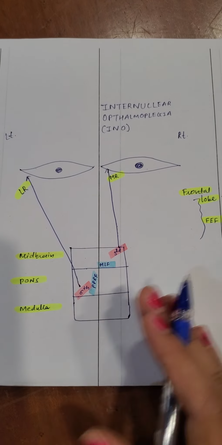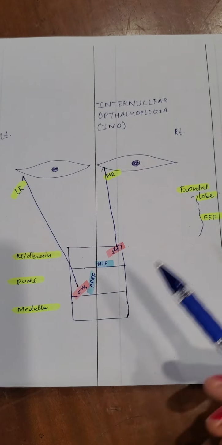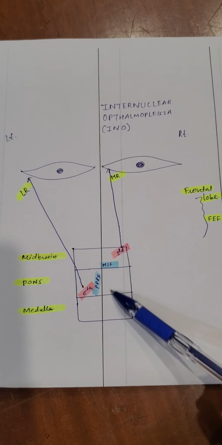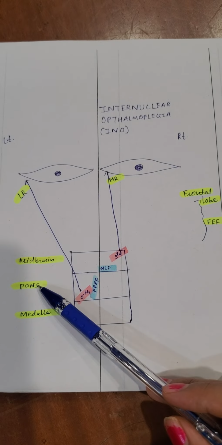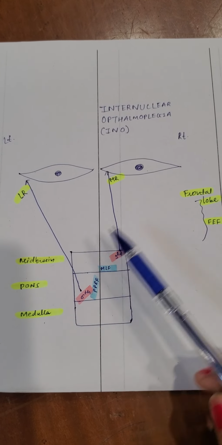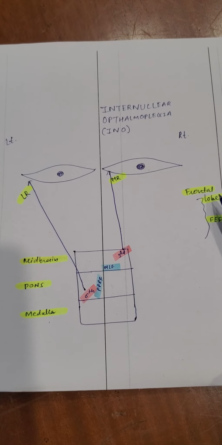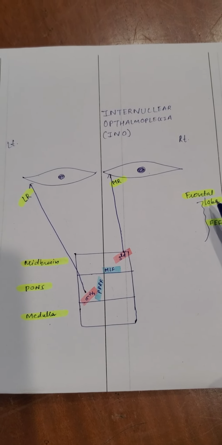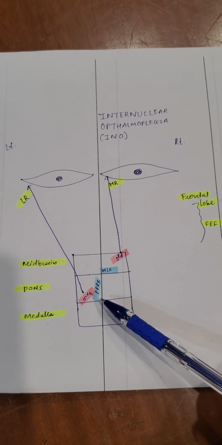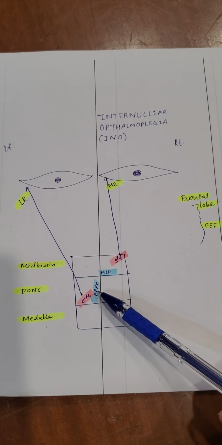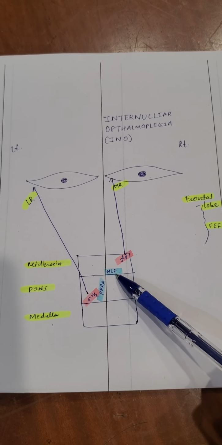So this is the right half and this is the left half, okay? And these are our beautiful eyes. And this is the cross section of the brainstem, that is midbrain, pons, medulla. This is the frontal lobe, that is on the right side, okay? So here is the PPRF, that is in the pons, parapontine reticular formation, and this is the MLF.